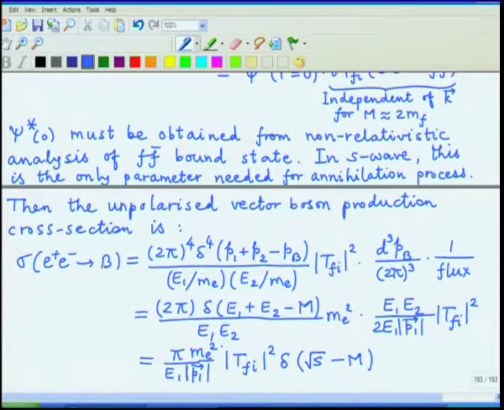And this is the condensed result for the cross section, now one can calculate this TFI explicitly in terms of the results which we obtained earlier and reduce this to explicit formula in terms of the fine structure constants and the wave function at the origin.